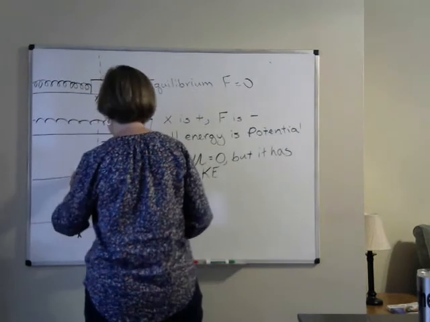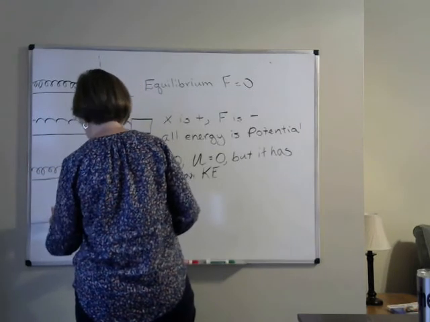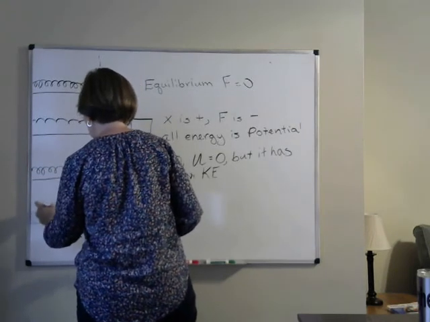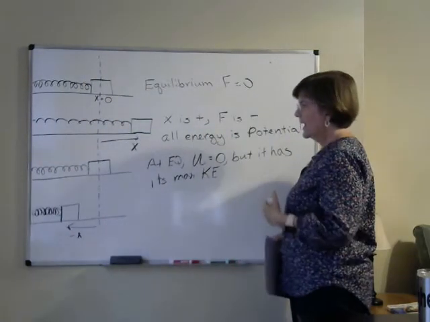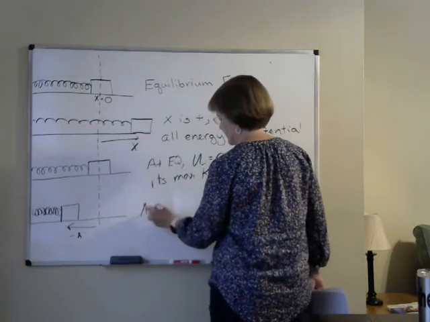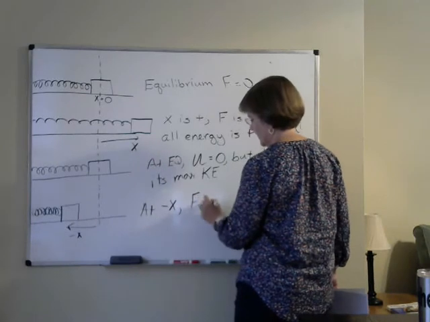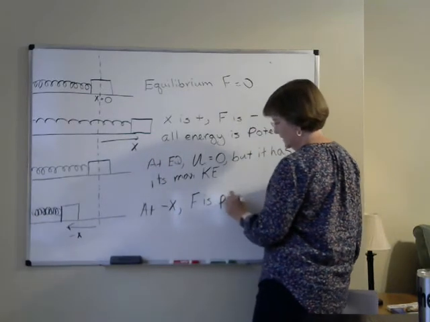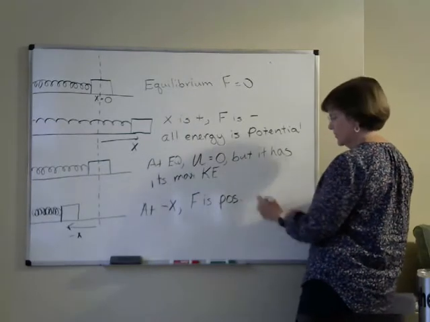and I guess I better draw my springs. Now it's bunched up. Until it reaches the same distance to the right. At negative x, the force is positive, it's back to the right. Again, the energy is at potential energy.